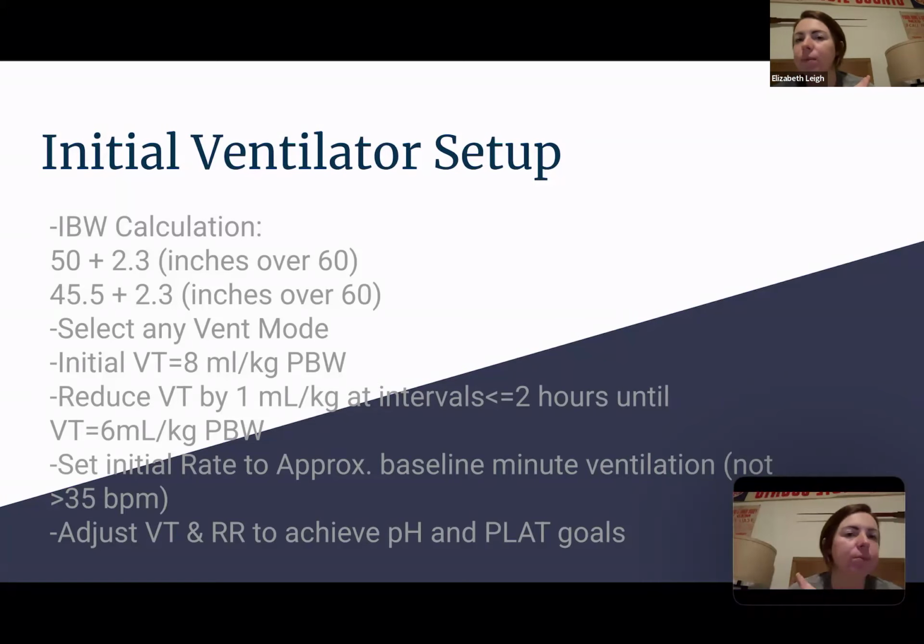So 5'3" would be 3 inches, 5'6" would be 6 inches. For females, it's 45.5 plus 2.3.